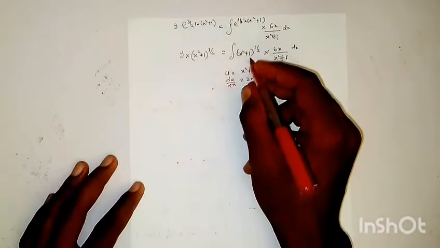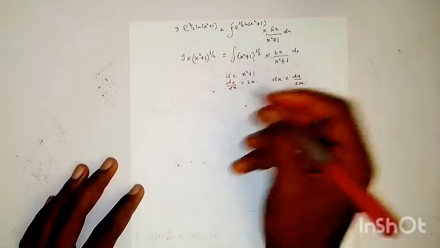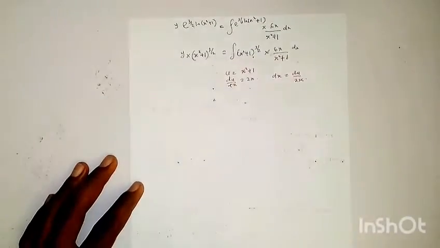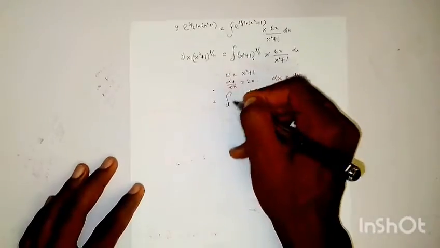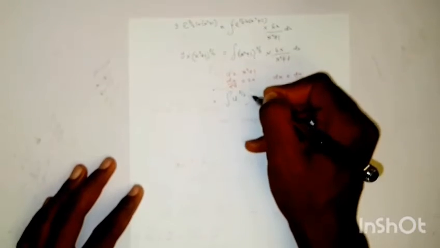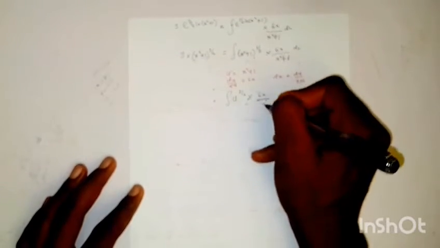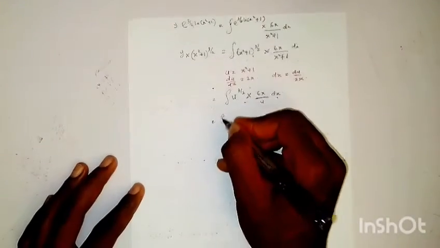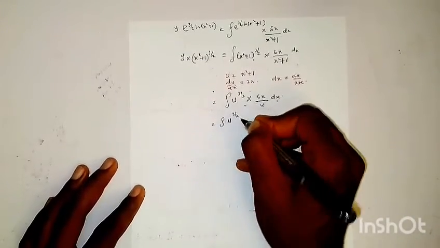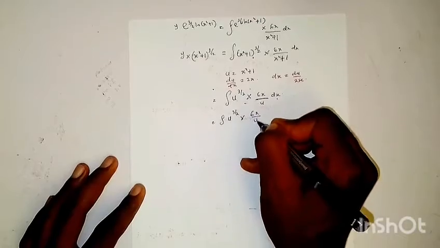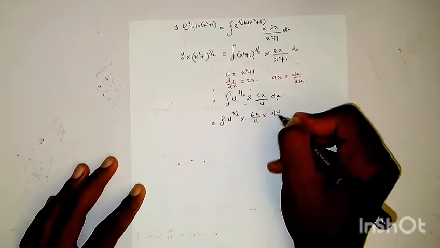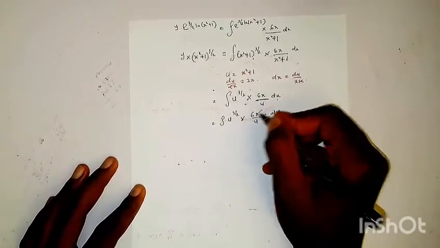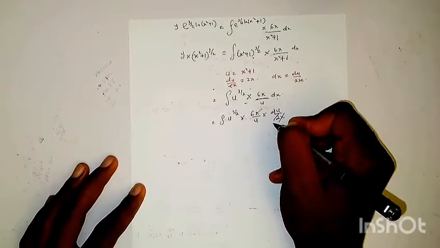So substituting into my right hand side, it gives me the integral of u raised to the power 3 over 2 times 6x over u dx. And my dx can be written as du over 2x, so this cancels this.